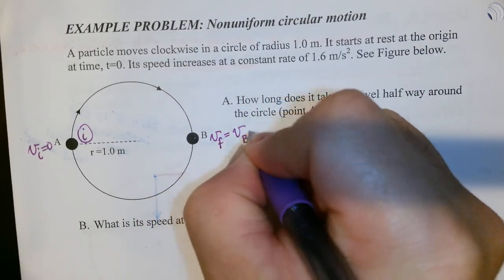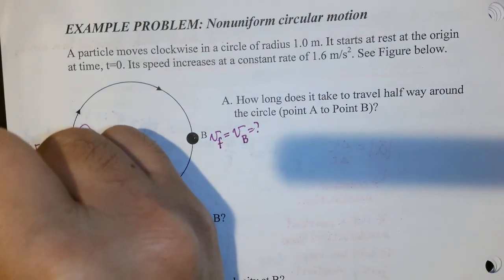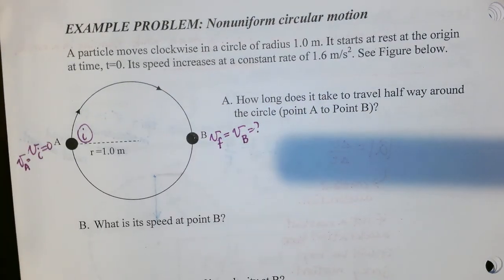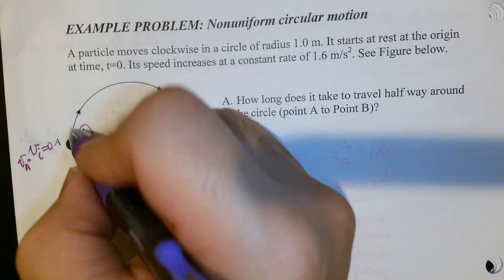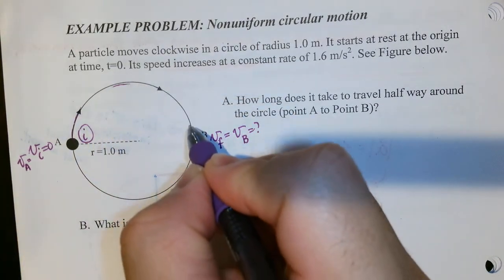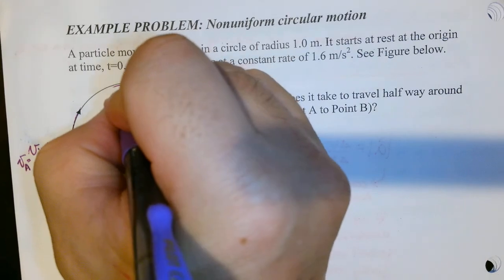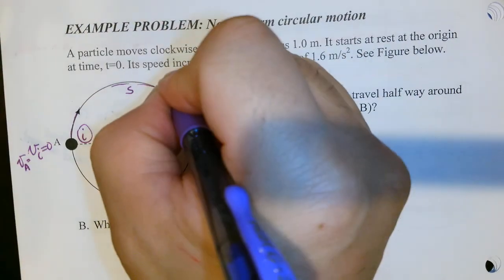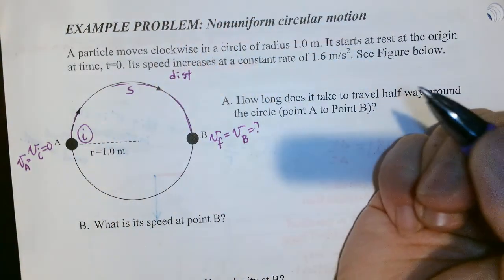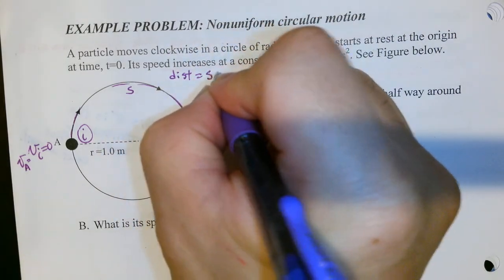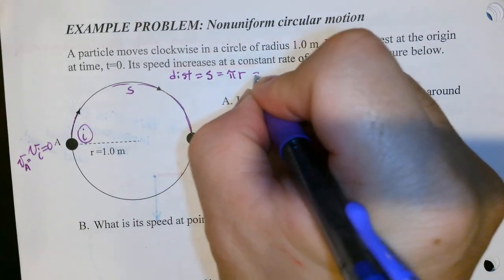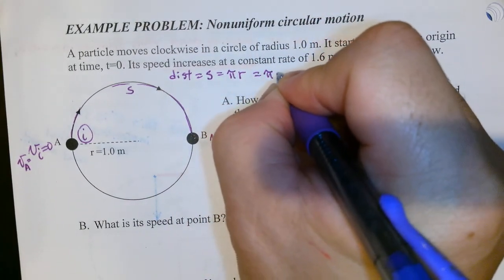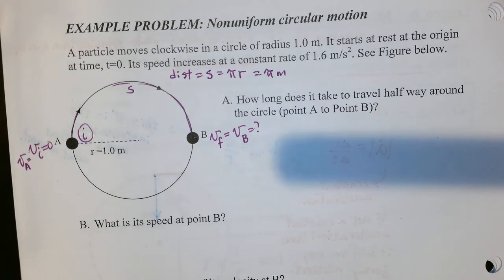That's same as VB, and this is VA. But it's traveling in a semicircle here. So the distance S, which is just pi r, which is just pi meters because r is 1 meter.